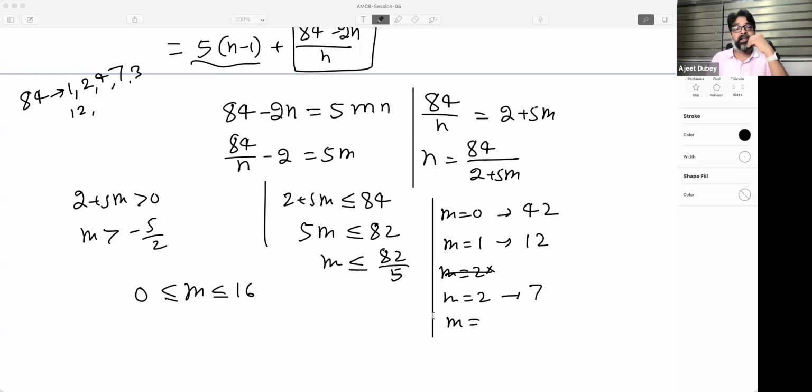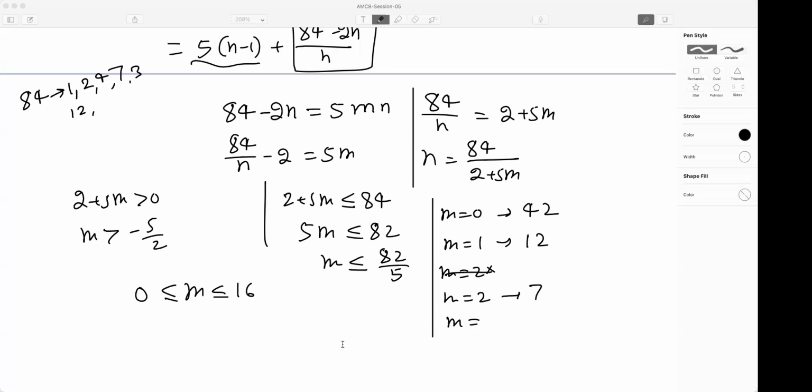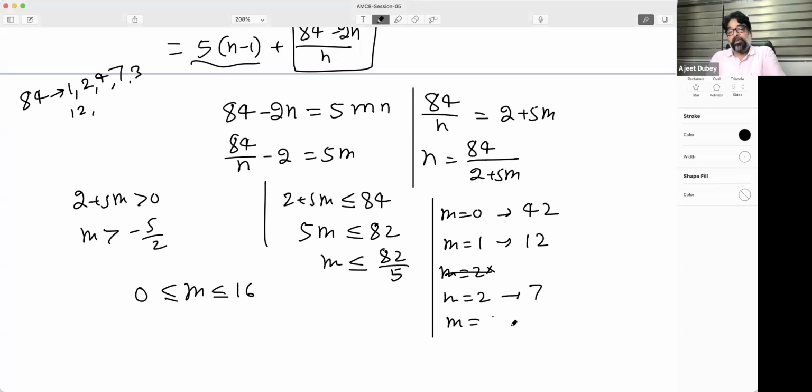I think it can be 0, 1, 2. M equal to 0 also satisfies. After that, 3, 4, 5, 6, 7 are not satisfied, 8 also not. 8 times 5 is 40, 42, satisfied.